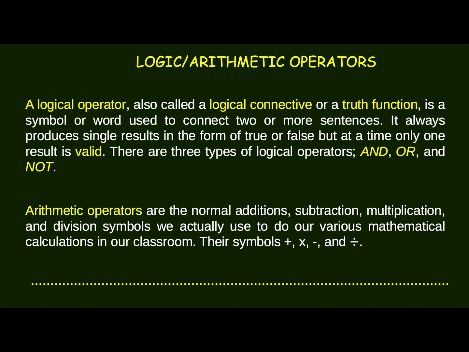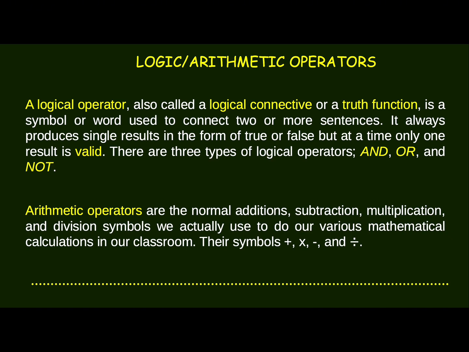Their symbols are the plus sign, the multiplication sign, the minus sign, and the division sign. So what is so special about these two operators? The arithmetic operators do the normal calculations that we use in the classroom, and in programming they also represent a specific function.